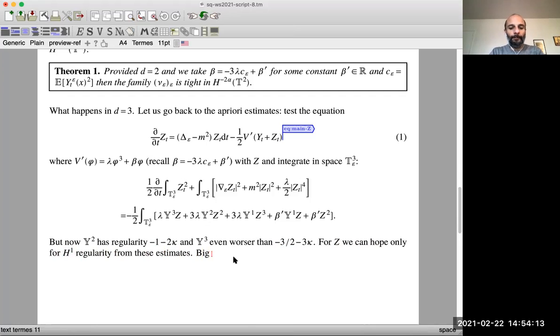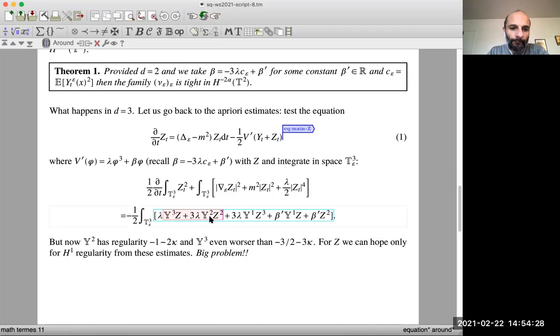Big problem. And that's the technical term, a big problem. You see, these two terms are not under control. It means they can be very large or very negative, and then you don't have any estimate anymore. This term is still okay.